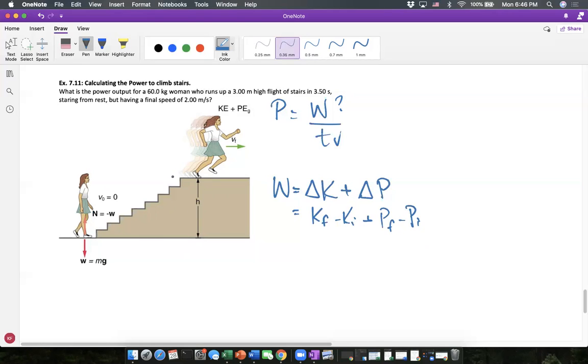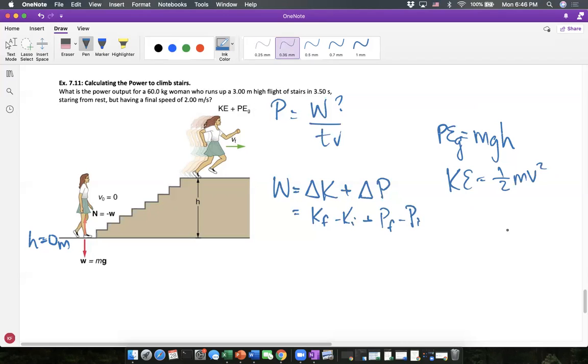If we state that her starting height is 0, that means her potential energy in the beginning is just 0. Remember, potential energy is equal to mgh for gravitational potential energy, and her kinetic energy is equal to 1/2 mv squared.